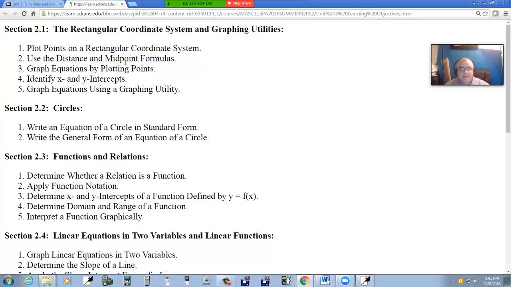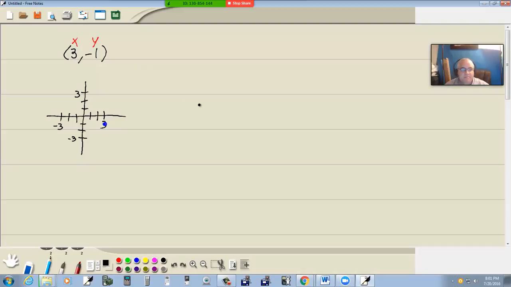Now the next topic is the distance and midpoint formulas. Given 2 points, (x1, y1) and (x2, y2). Those sub 1s and sub 2s represent that they're different values. For example, x sub 1 and x sub 2 are both x values, but the sub 1 and sub 2 indicate they're two different x values.